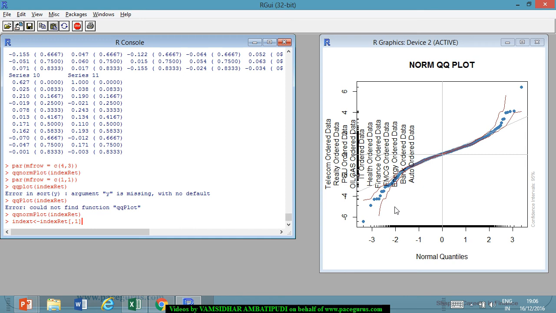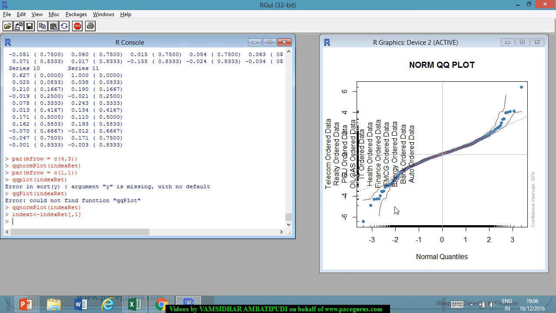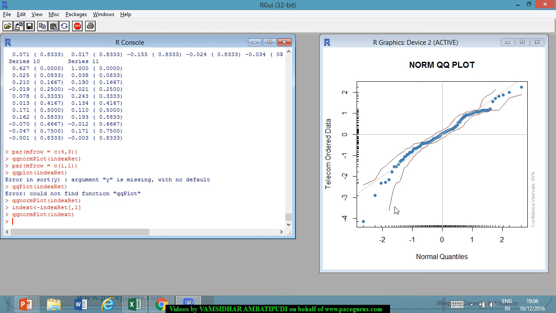If I take it like this, index telecom, as the index ret of this, then let me try QQ norm plot for index telecom. So now you could see that this is coming exclusively for the telecom itself, where I see so many values are deviating from normality out here, which is a clear indication that there is lots and lots of left skewed or the negative skew that is present as a part of the data.